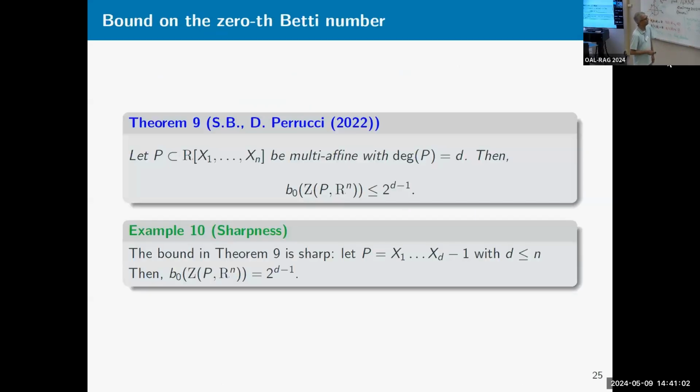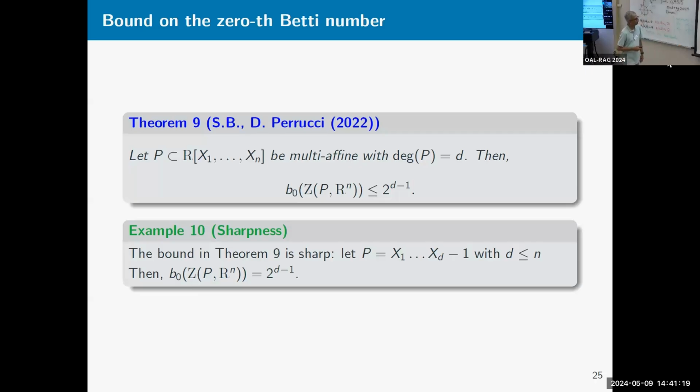And here's what I find a little interesting. All these bounds on the Betti numbers of arbitrary semi-algebraic sets are of the form d raised to n, where d is the degree and n is the number of variables.